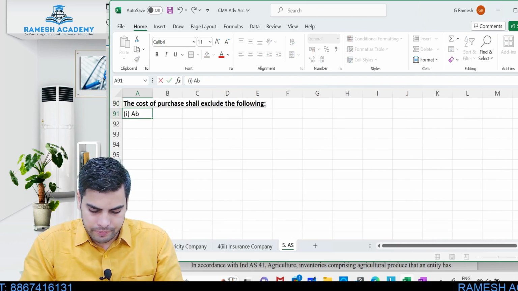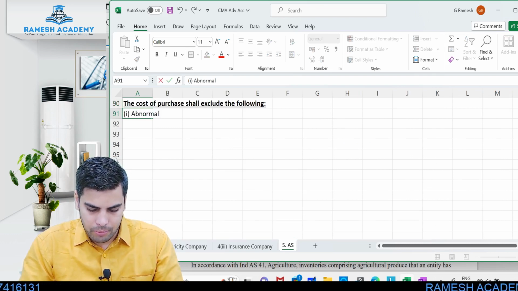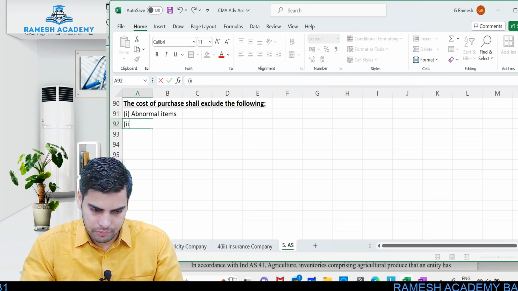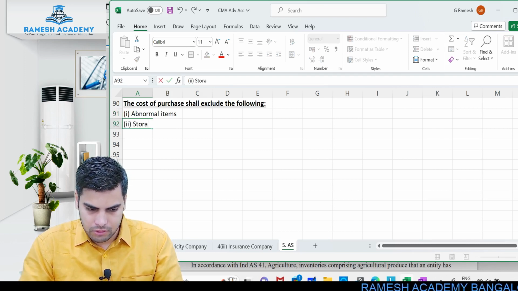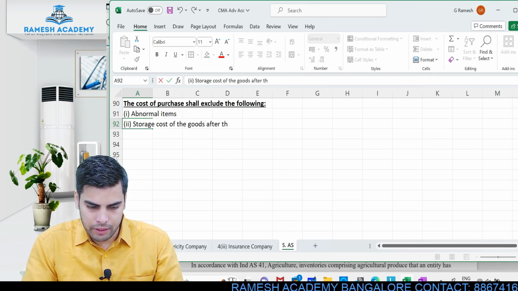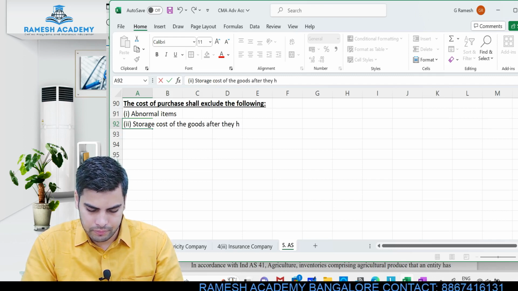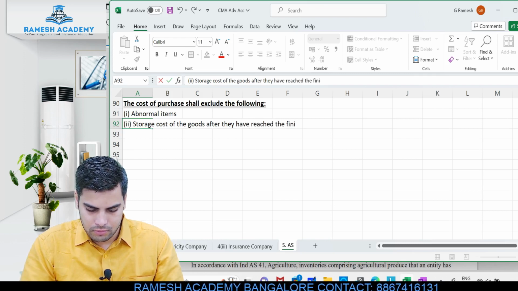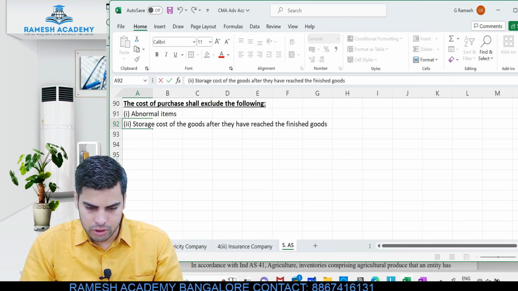First thing is abnormal items, storage cost of the goods after they have reached finished goods stage.